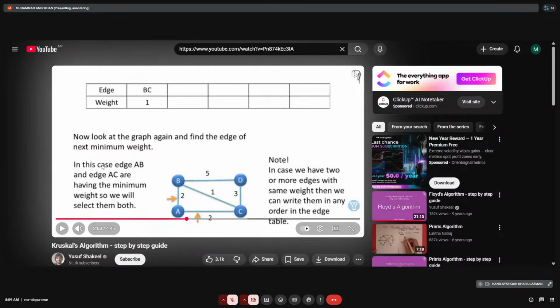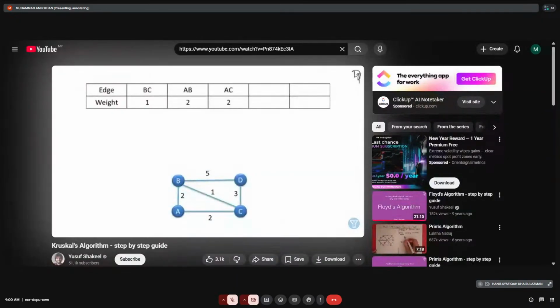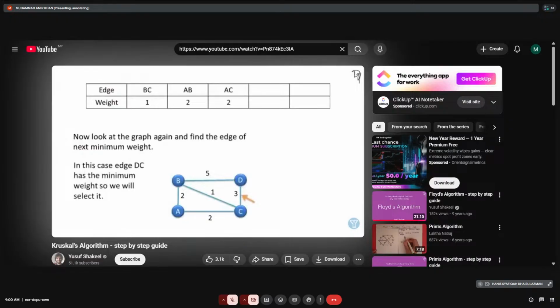Either A to C or A to B. AB2 or AC2. Now look at the graph again. Then we have 3, C to D.